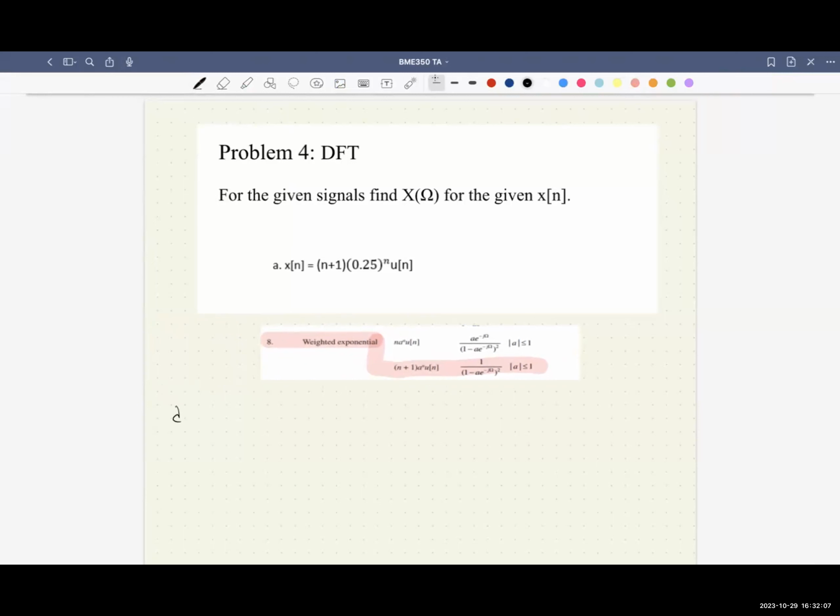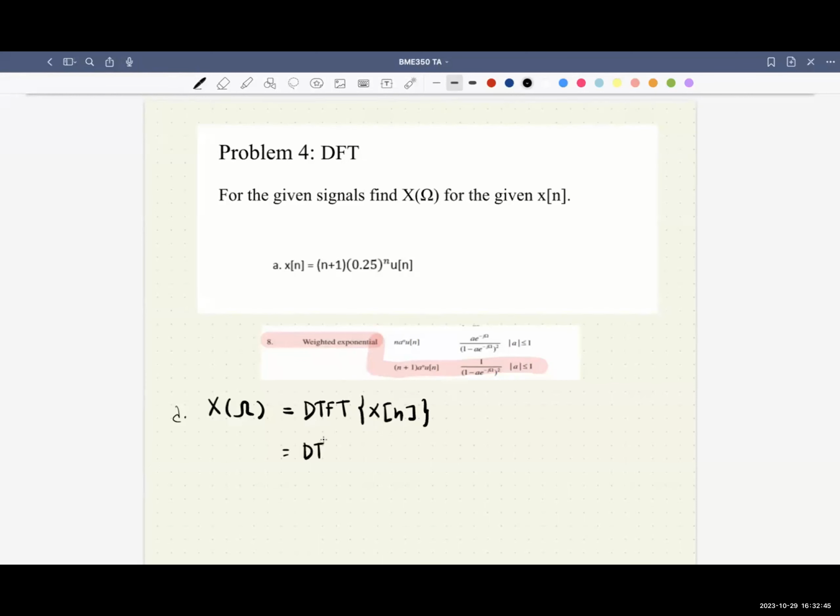So we want to find X(omega), but we were given x[n], right? So X(omega) we would get from applying the discrete time Fourier transform to x[n], which is the signal in the discrete time domain.